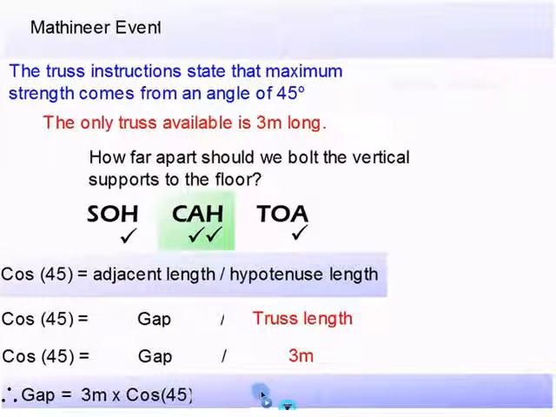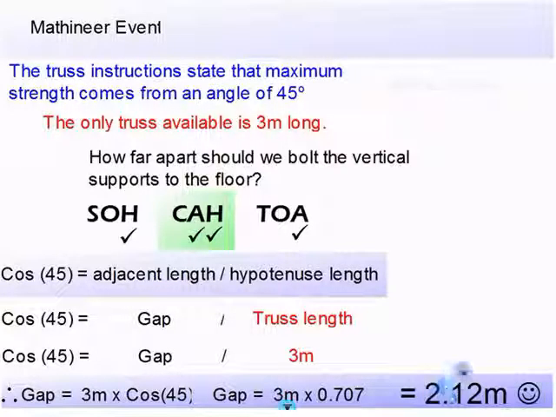We put 45 in our calculator, press cos, and then it'll tell us that the gap is the hypotenuse times 0.707, which is the cos of 45 in degrees, of course. So the length between the two vertical supports is 2.12 meters.